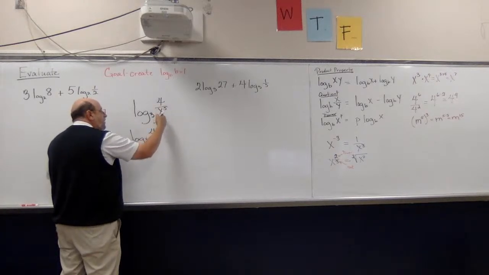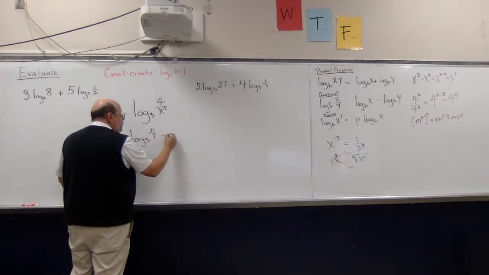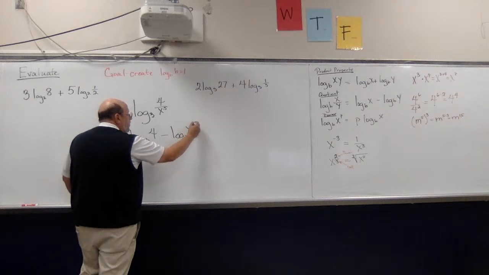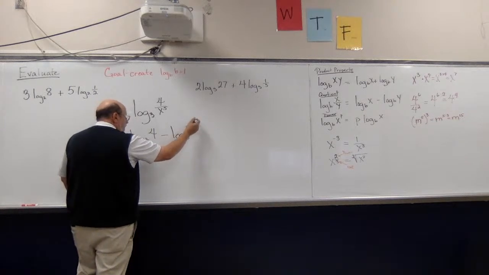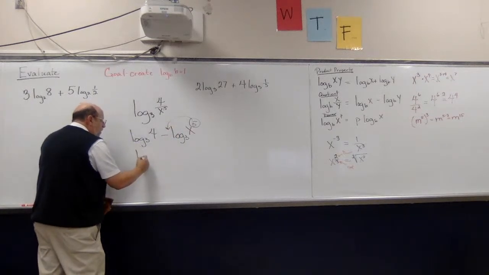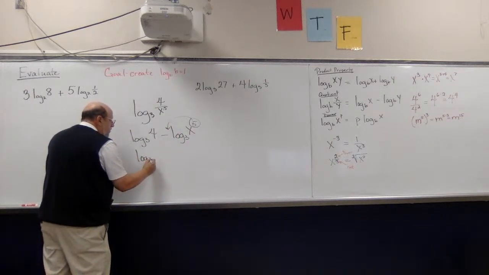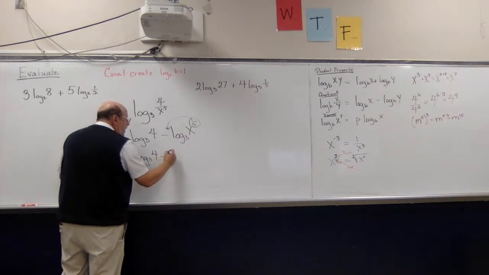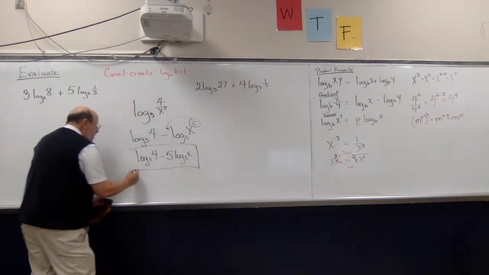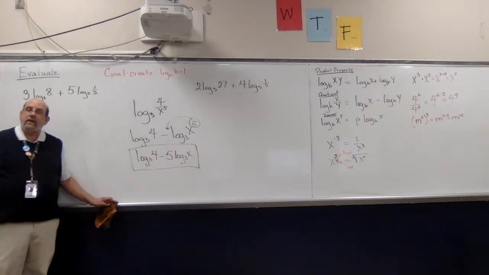But instead of adding, we have division, so we'll subtract log base 3 of x to the 5th. Again, here's our power, throw it up front. Log base 3 of 4 minus 5 log base 3 of x. That's as expanded as we can make it.